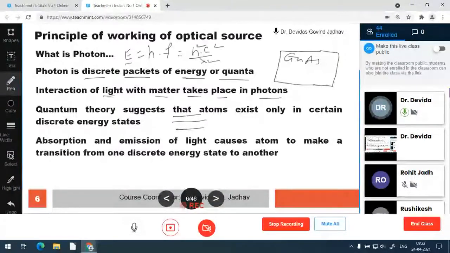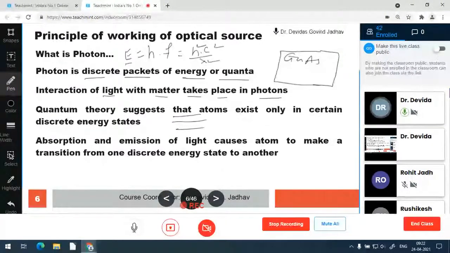Now suppose one electron is in the conduction state, and it goes into the valence state, into orbit. It jumps from the conduction state to the valence state. When an electron jumps from the conduction state to the valence state, it emits energy. What amount of energy does it emit? The band gap energy.